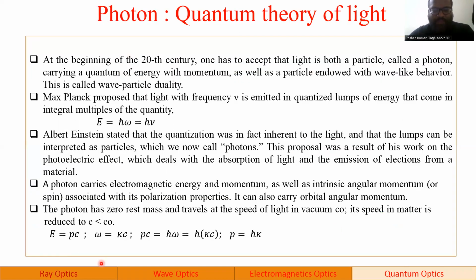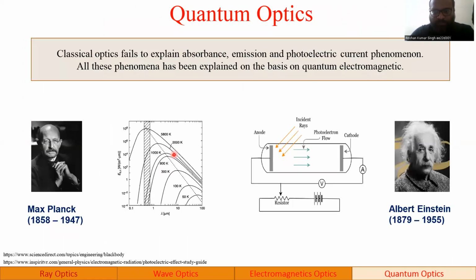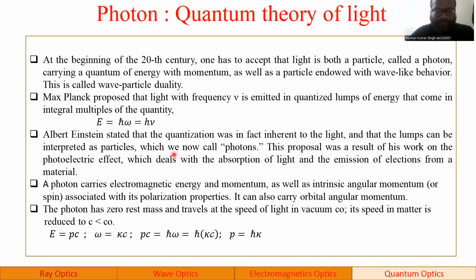Now let's see some theory of the photon. What is a photon and how was it developed? We know that initially light was treated as a wave, but it also acts as a particle.